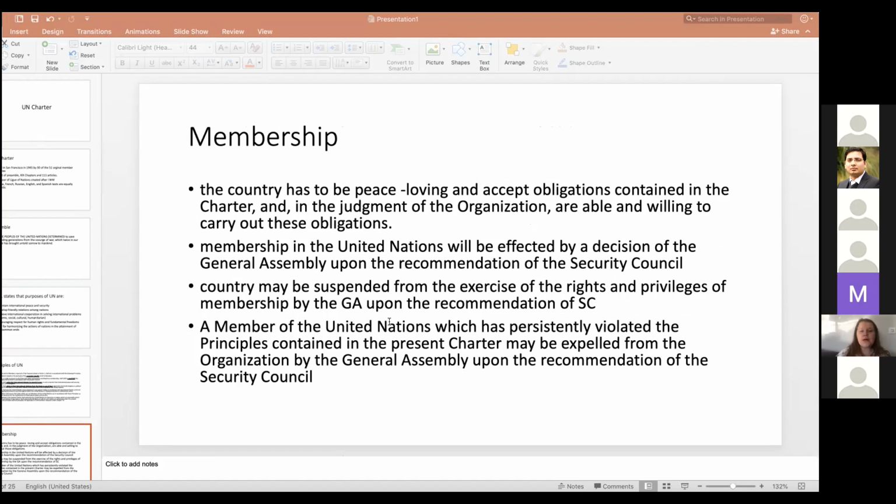The following article states that a country might be suspended from the exercise of the rights and privileges of membership by the General Assembly upon recommendation of the Security Council, and the country can even be expelled from the UN, but this never happened. So we should maybe list the principal organs of the UN.